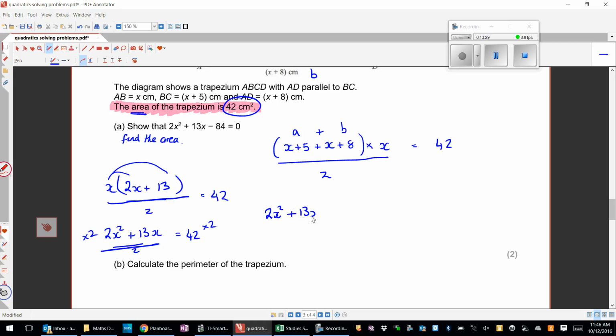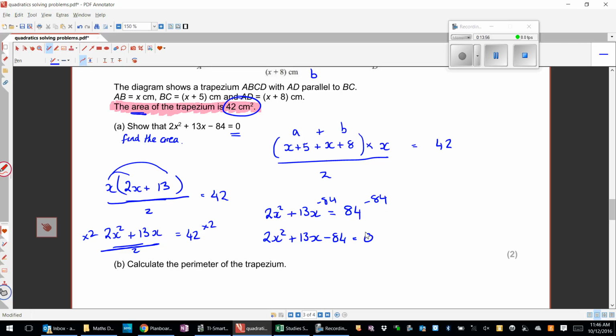The other side is 84. I want equals 0, so I need to subtract 84 from both sides, giving me 2x squared plus 13x minus 84 equals 0. Makes sense.